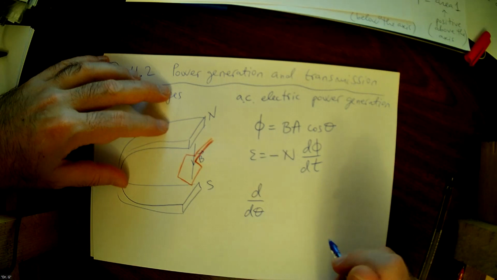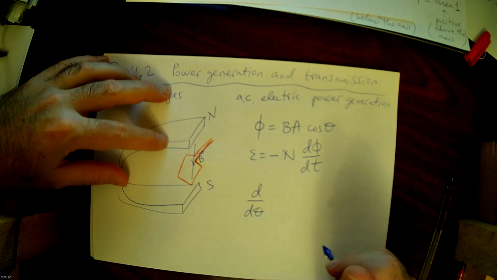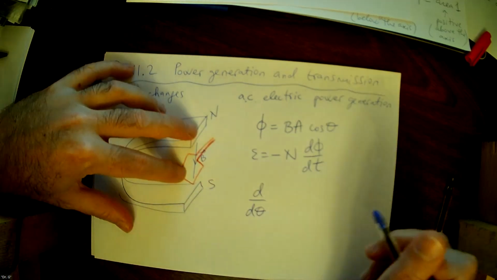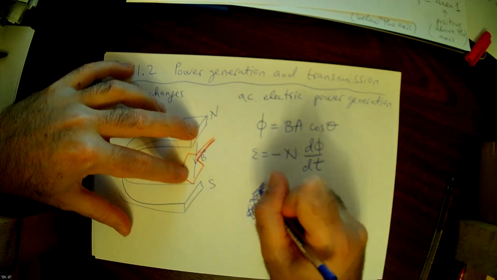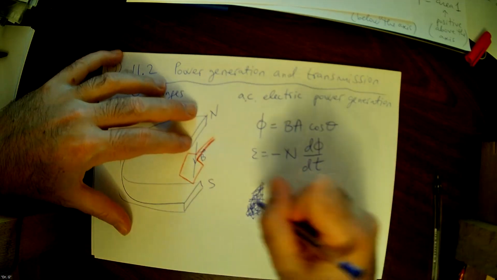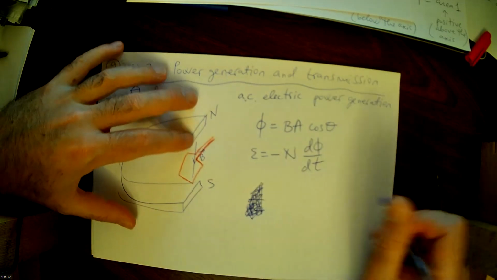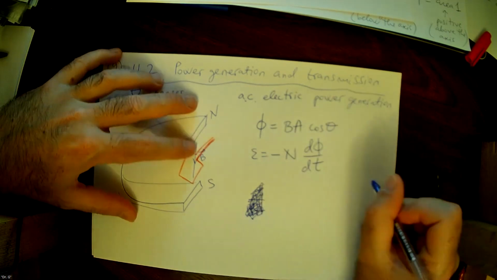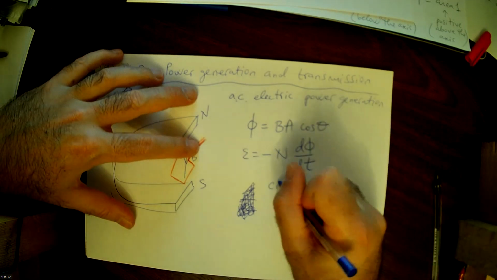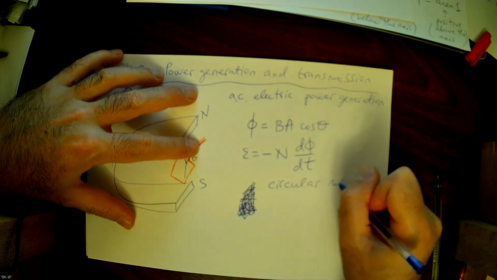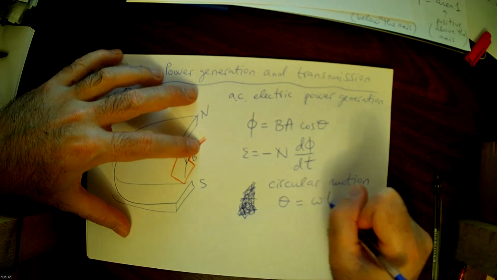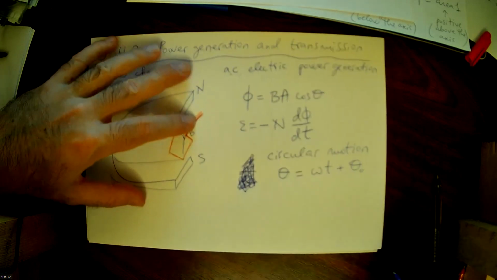Okay. Let's not rush. Theta, first of all, changes with time. Exactly like we discussed for circular motion, yeah? Circular motion. Okay, theta is what? Omega t plus theta 0.